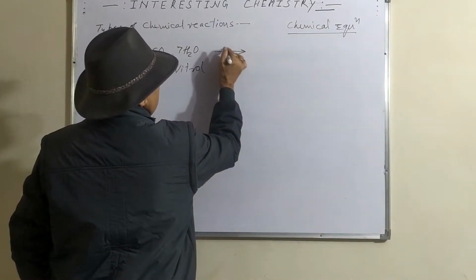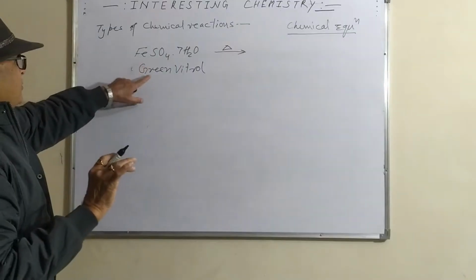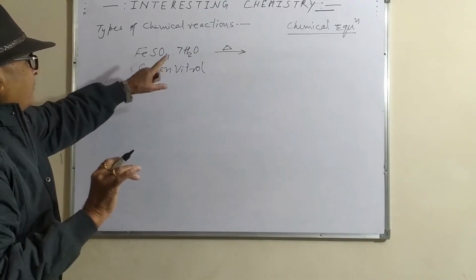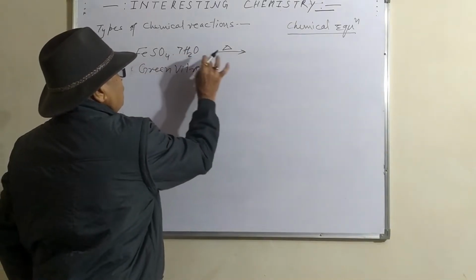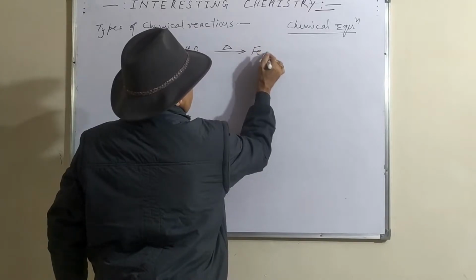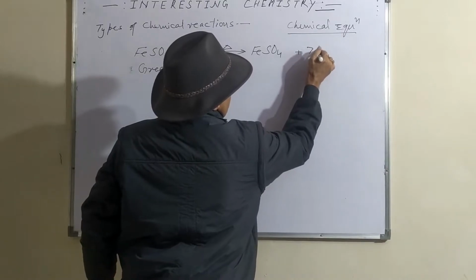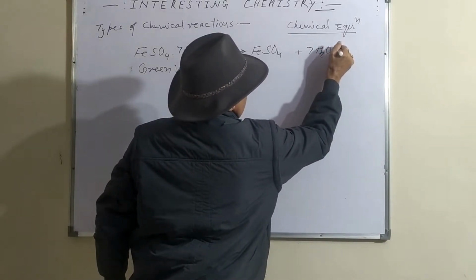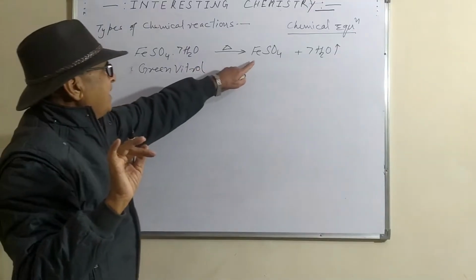When it is heated, first of all, the color of the ferrous sulfate is light green, so it is known as green vitriol. When it is heated, first of all, these 7 water molecules will be evaporated, turned into vapors, and it will be formed as FeSO4, the anhydrous salt.